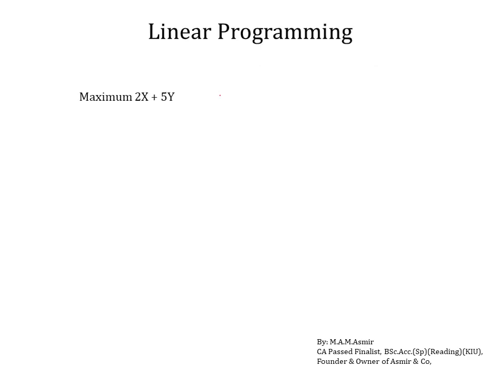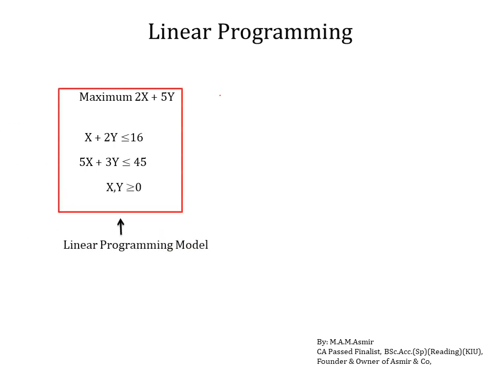What we have here is a linear programming, or LP, model. The x and y in this model are referred to as decision variables. They tell us what quantity to buy, produce, sell, or transfer, and so on.